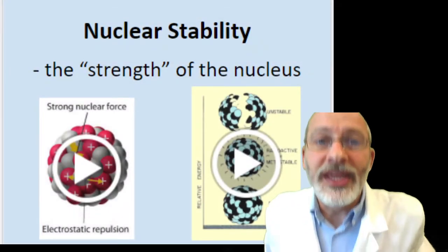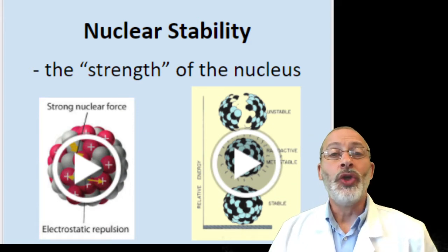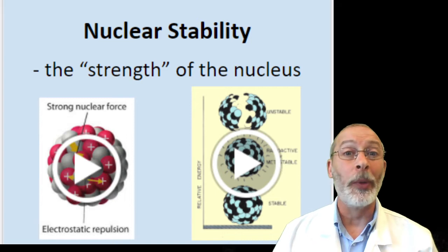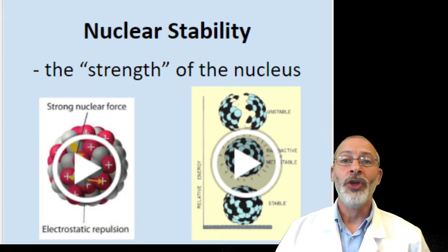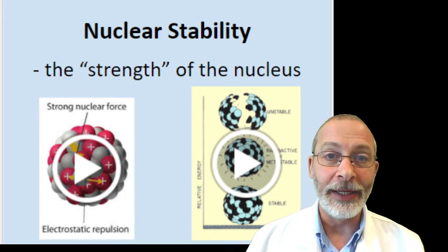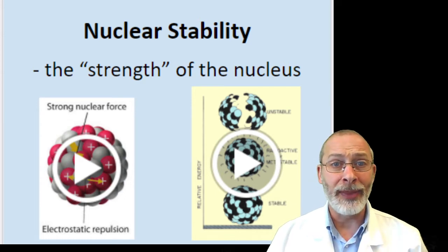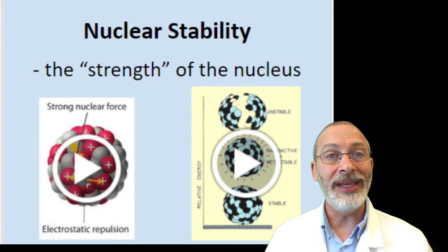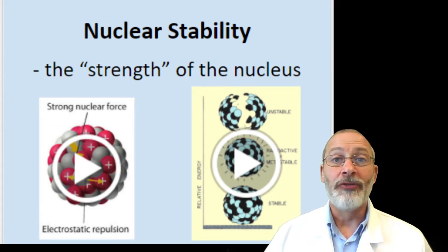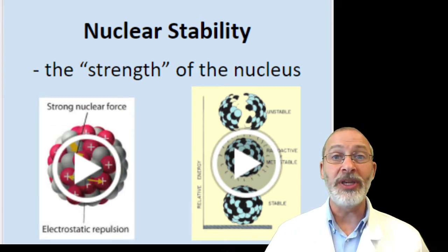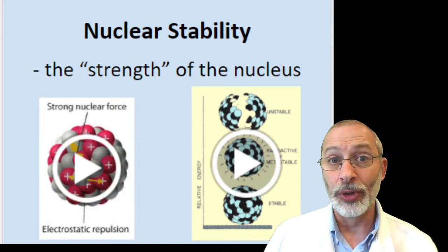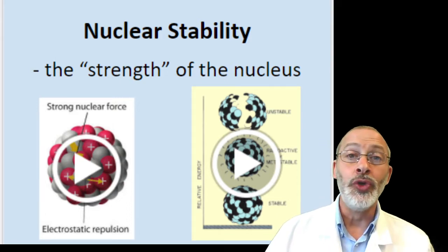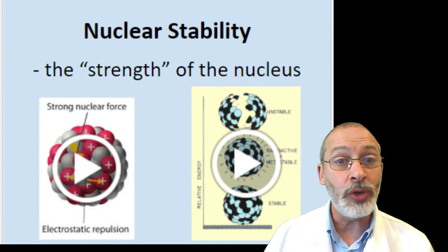We left off yesterday with nuclear stability, or I should say, this is where we're picking it up here today. Nuclear stability. You may recall from yesterday that radioactivity is basically the release of matter and energy from the nucleus of an atom that has become unstable as a result of an imbalance between the neutrons and the protons within the nucleus.